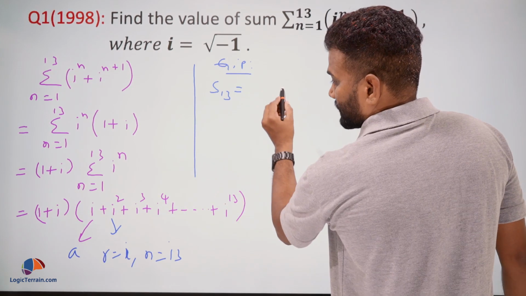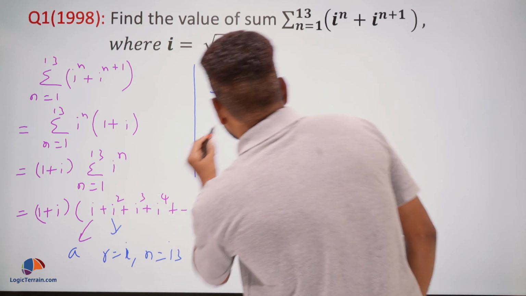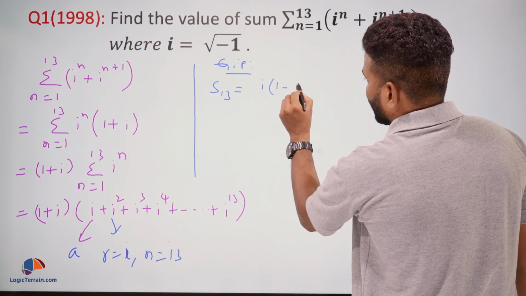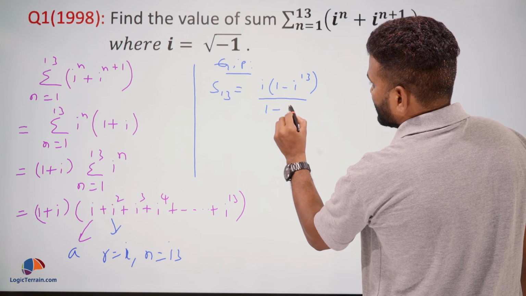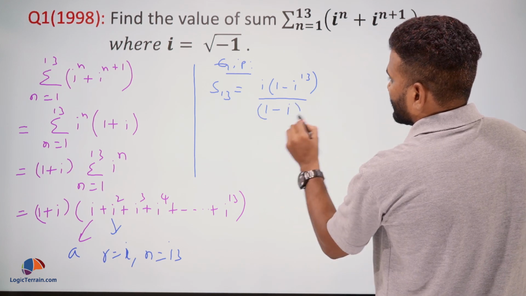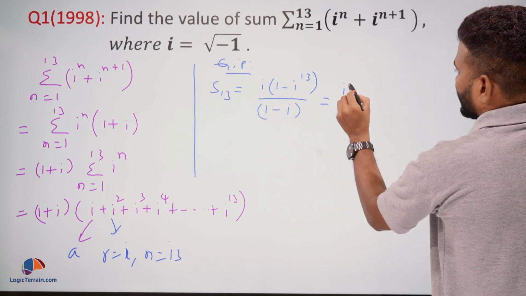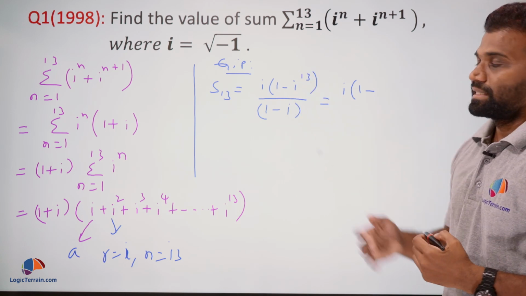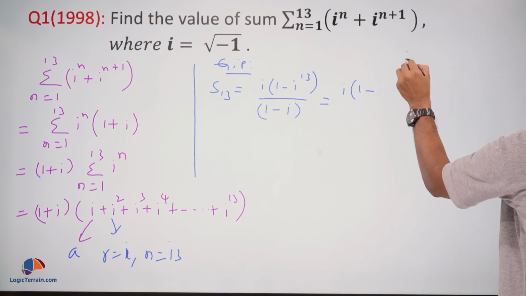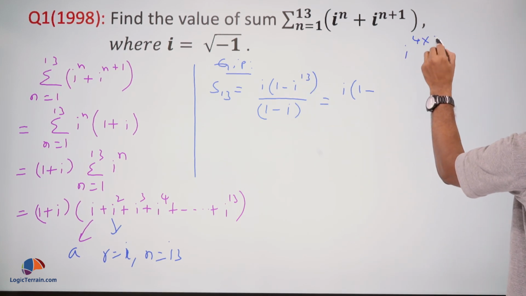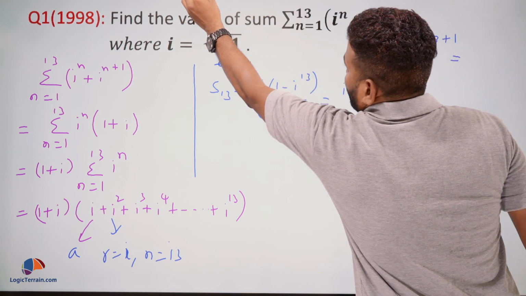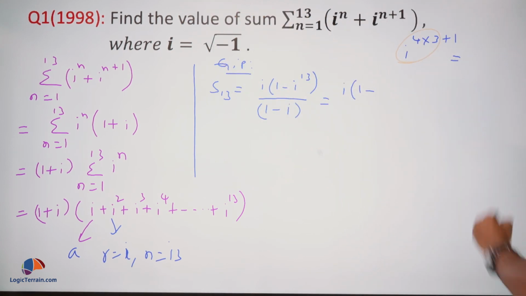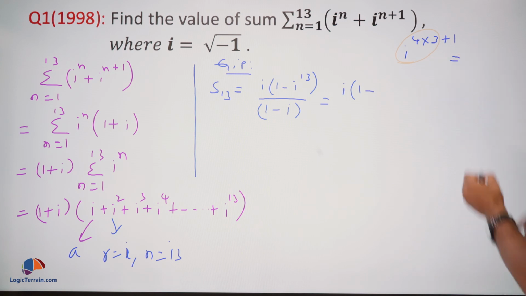Here a is i, so i into (1 minus i to the power of 13) upon (1 minus i). And further, i^13 can be rewritten as i^(4 into 3 plus 1), and we know that this part is 1 and i^1, that is i, we get i.